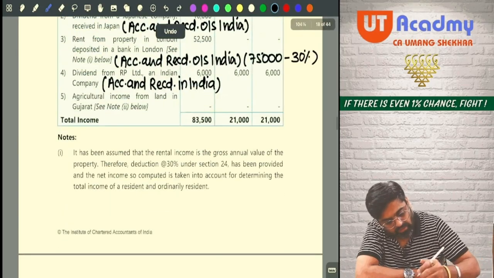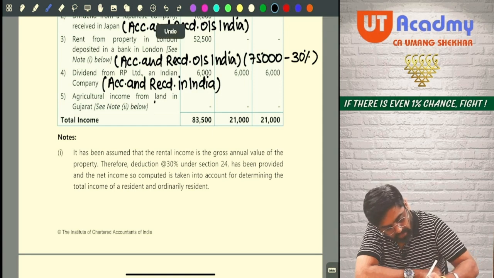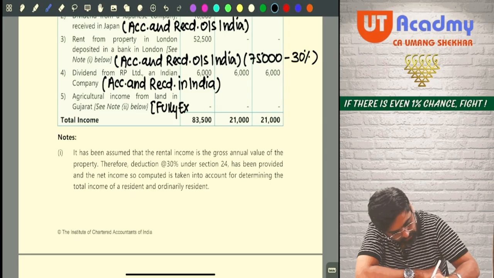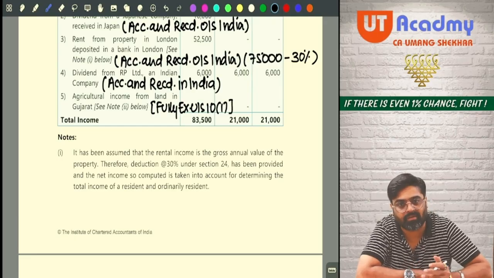So in your answer, write down here in the bracket: fully exempt under section 10 subsection 1. It is nowhere written that it will be exempt only if you are ROR or RNOR. It is exempt for all.